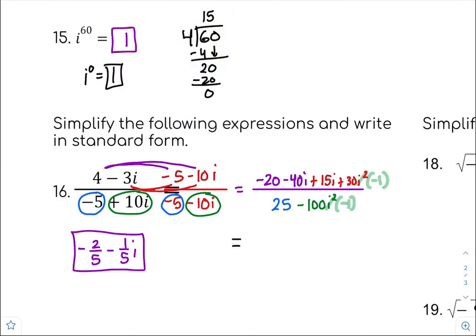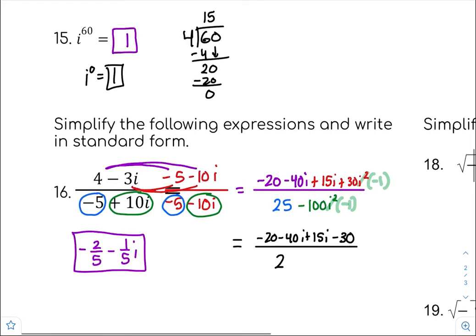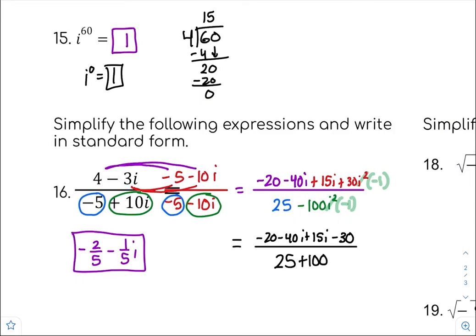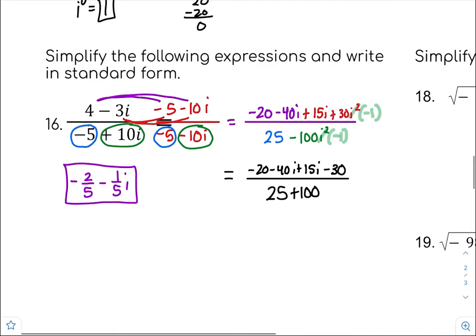So I'm just going to rewrite this for you. Negative 20 minus 40i plus 15i. 30 times negative 1 is negative 30. And 25. Negative 100 times negative 1 is positive 100. Combine the reals up top and the imaginaries.